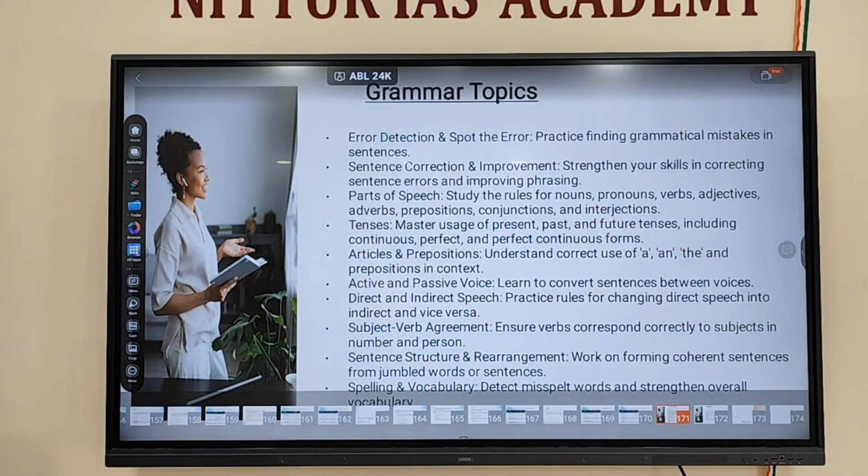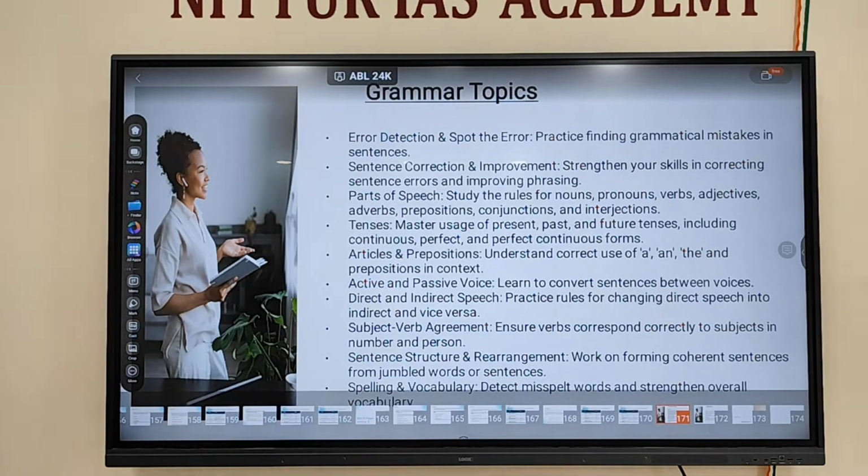What I want you to do is practice error detection and spot the error, because these questions are asked in the examination. Either it will be in the idioms or it will be in the tenses, articles.